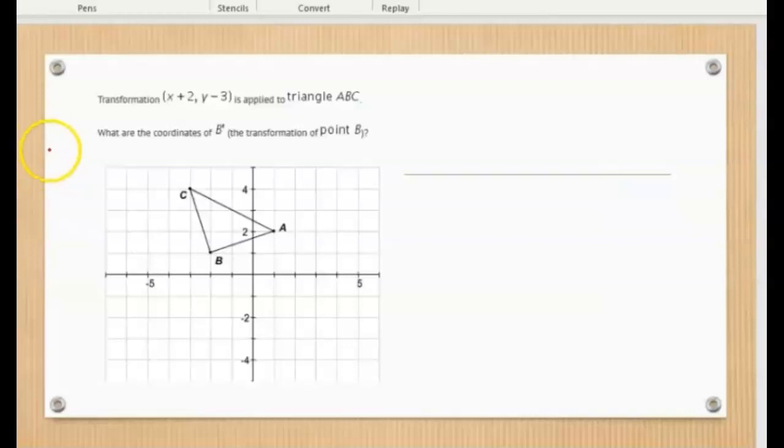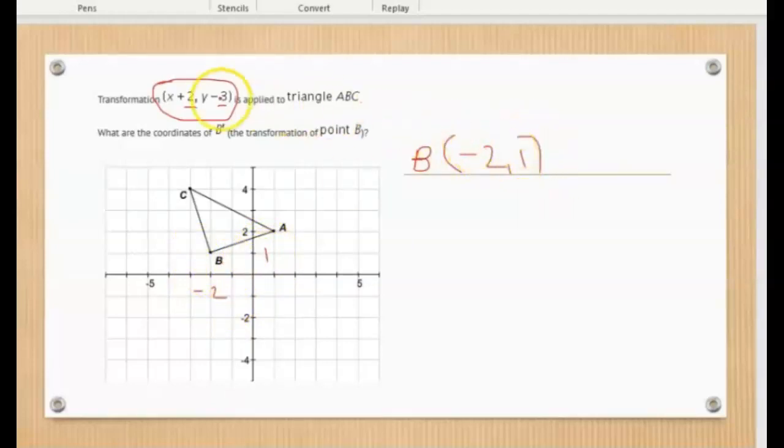Here's number 3. Transformation. They give you the transformation rule. They say, okay, add 2 to every x value and subtract 3 to every y. They want you to apply it to this triangle. What are the coordinates of B prime? So let's look at B. B is negative 2, 1.